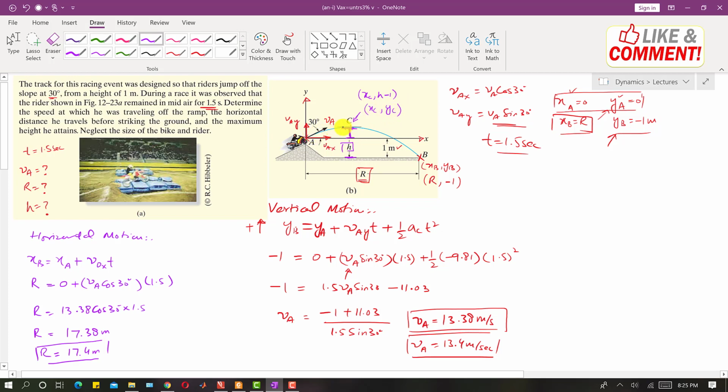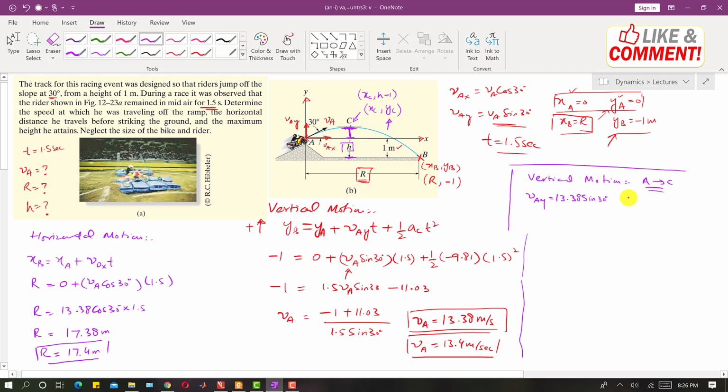So we will consider this motion and write the initial conditions. We will consider the vertical motion, and that motion is from A to C. Now we know VAY, so VAY is 13.38 sine of 30 degrees.